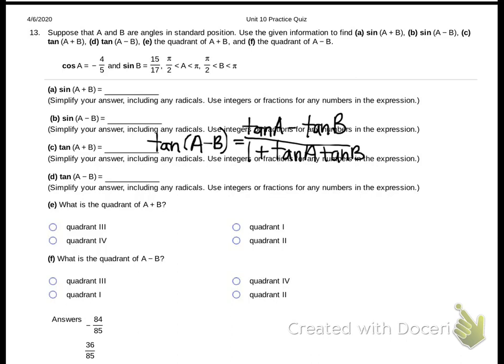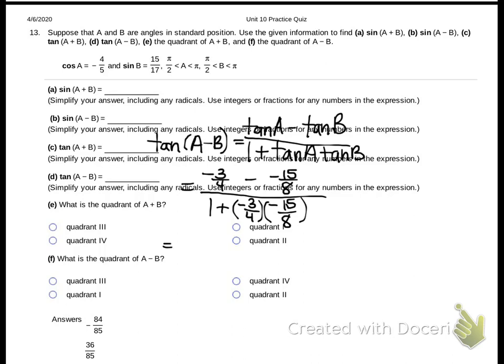You can redraw your triangles if you like, but you should have them on your paper from the previous problems. So tangent was negative 3/4, minus in this case, and negative 15/8. I'm going to multiply those two. You can see right away those in the numerator are going to become a positive, that minus in the negative.